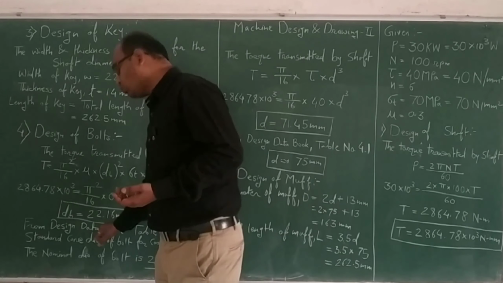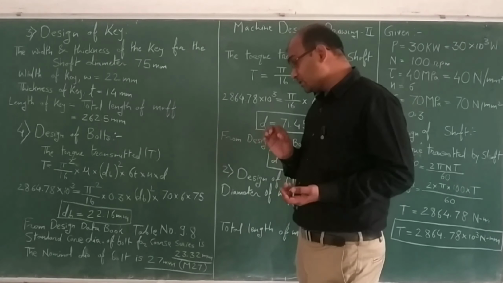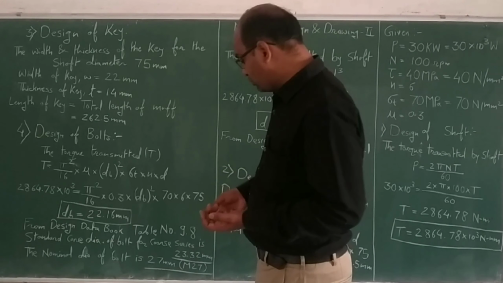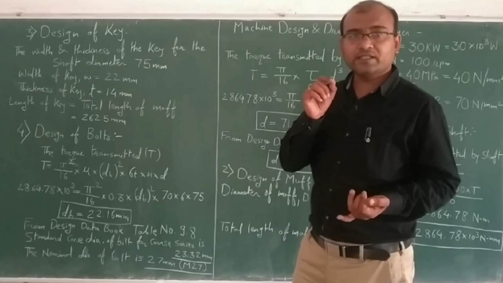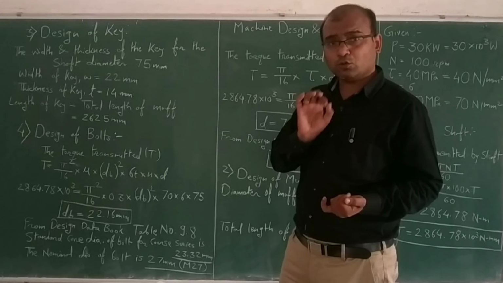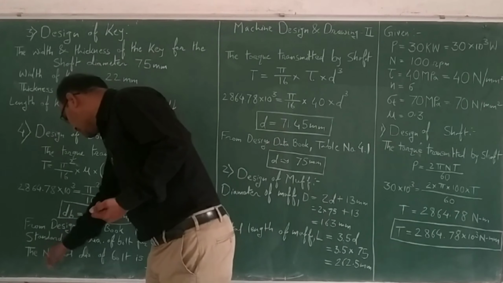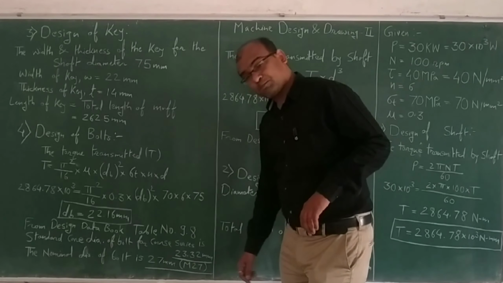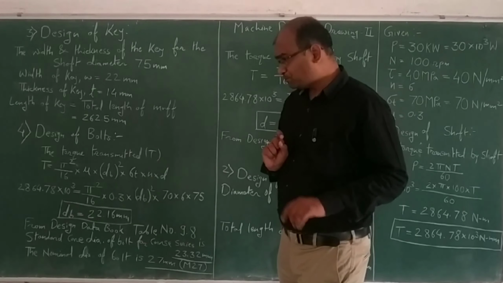So the standard core diameter of bolt for core size is 23.32 mm. It's your standard core diameter. Then the nominal diameter of bolt is 27 mm. It means M is 27.